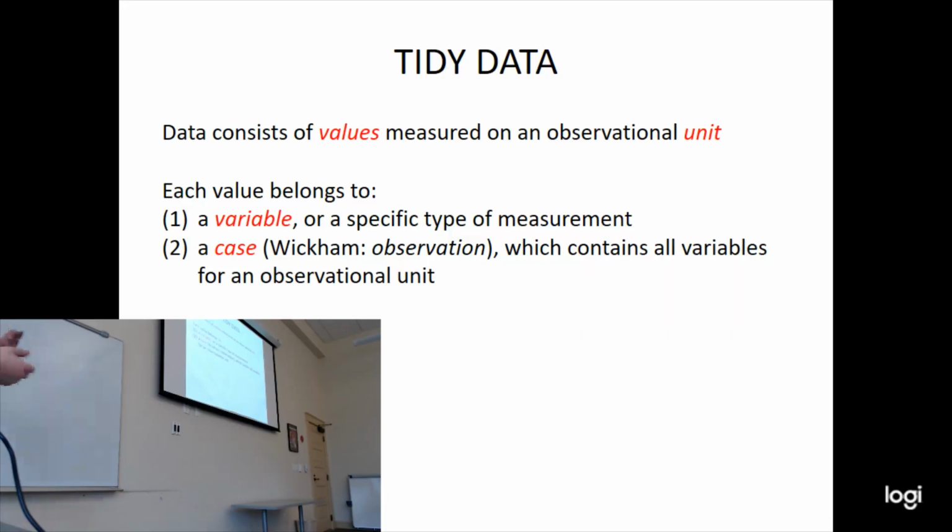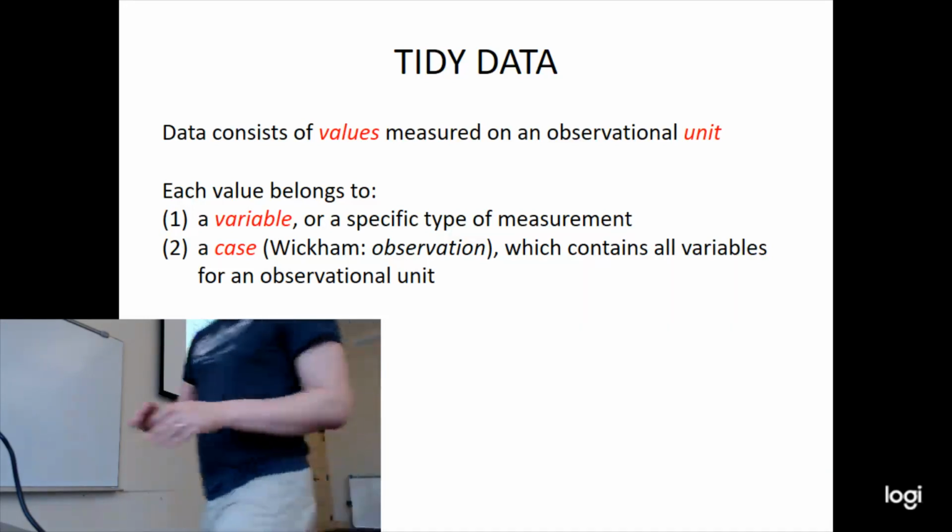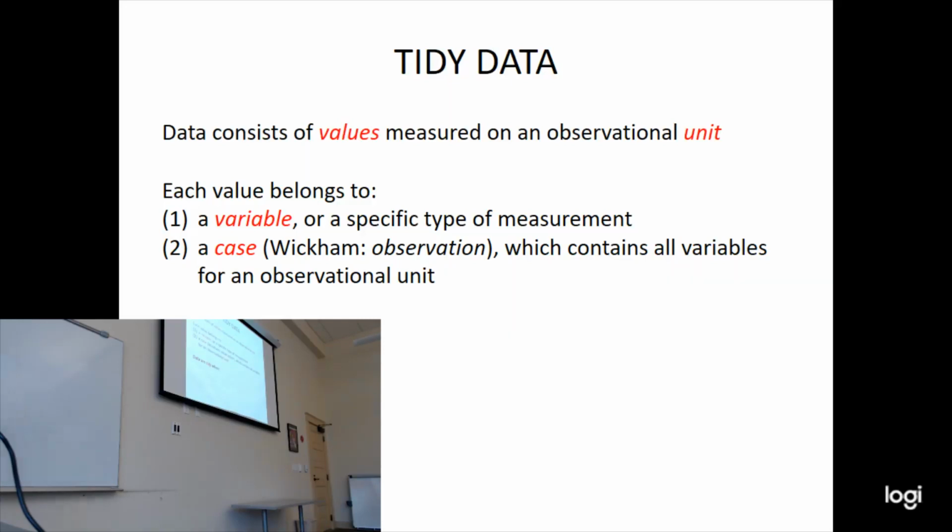So the idea behind tidy data is that we can structure our data to reflect the structure of our experiment. Specifically, we can make sure that each variable has its own column. Think of a table, for example, with rows and columns.